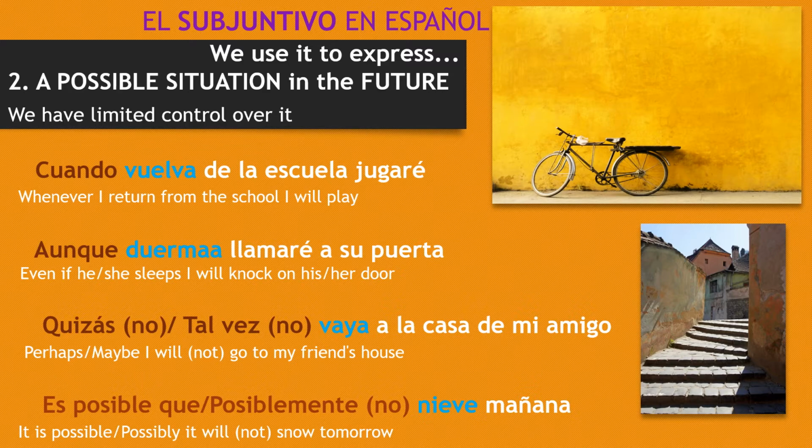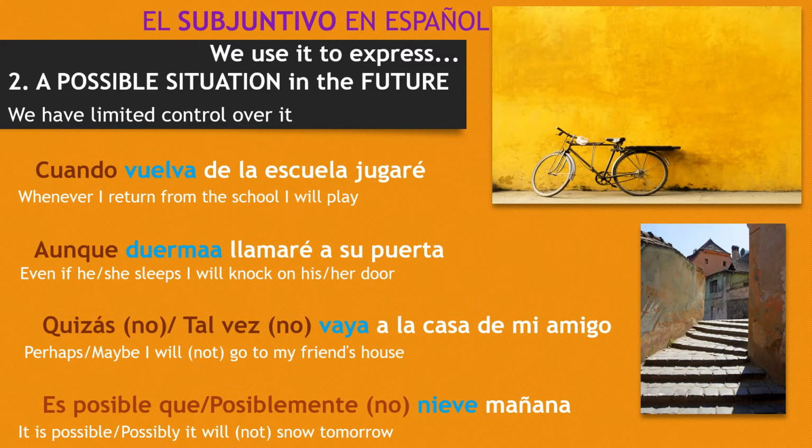Even if he or she, we don't know, sleeps, I will knock on his or her door. Llamaré a su puerta. Aunque duerma, llamaré a su puerta. So even if, aunque, we don't know if he's sleeping or not, we're uncertain. Again, it's not depending on us either if he's sleeping or not, but we will knock on his door.